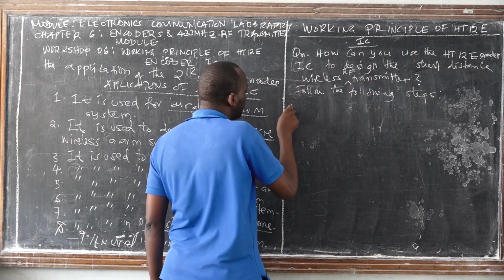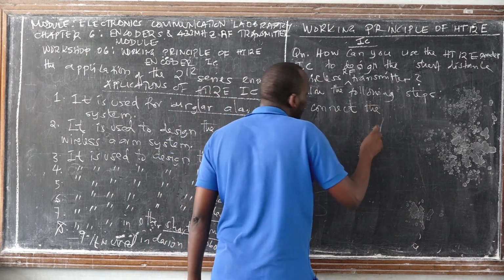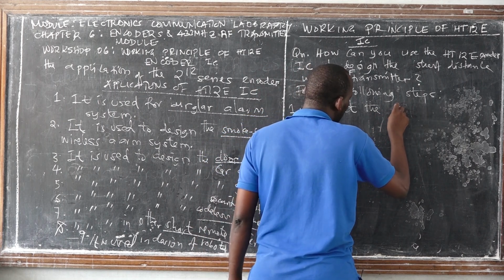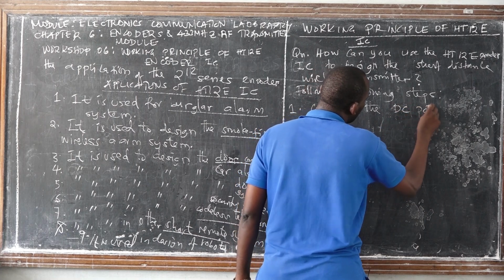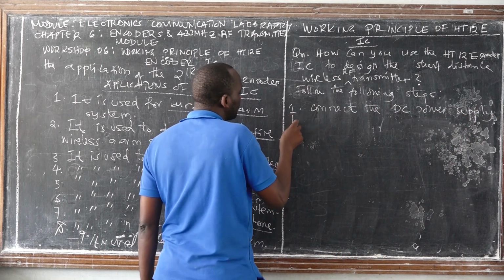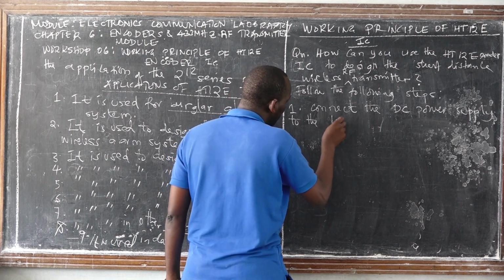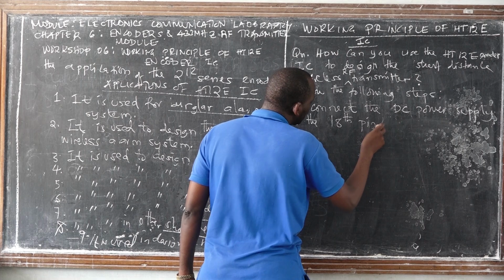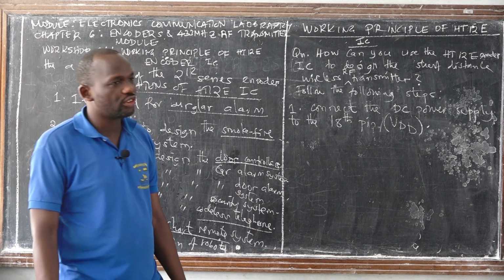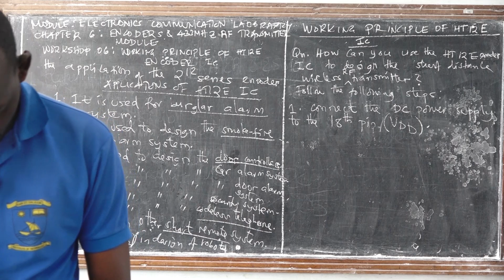So the first step, we say connect the DC power supply to the 18th pin, which is called the VDD.